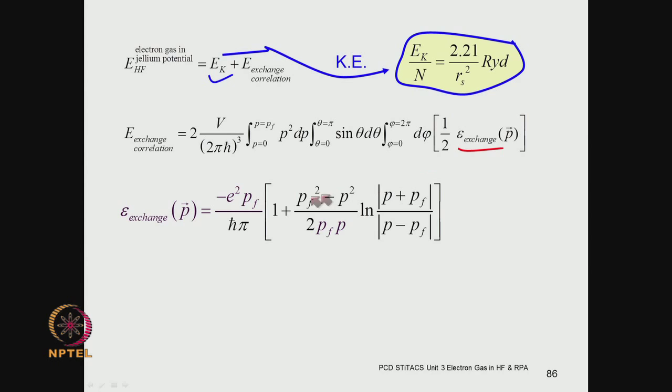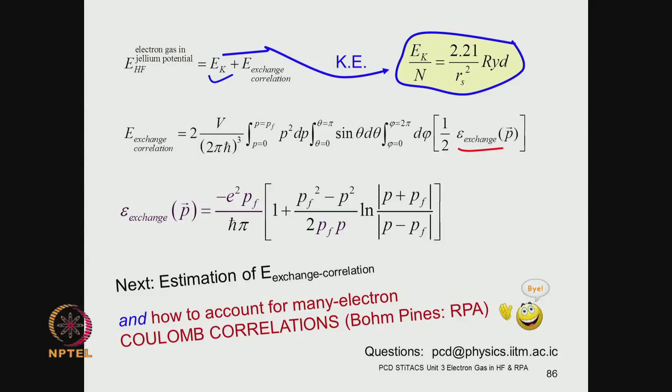Exchange term, we got an explicit expression for this, and we will use this to get an estimate of the exchange part. So, that will be our subject for discussion in the next class, and what we will find is that when you make an estimate of the exchange term, you do get a better estimate of the average energy per electron.